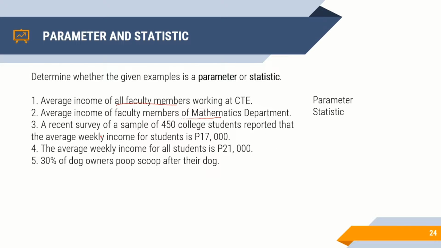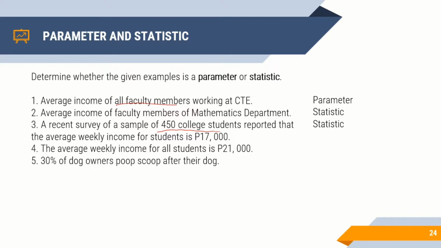For the third one, a recent survey of 40 students reported that the average weekly income for students is 17,000. It is an example of a statistic since only 50 college students are being surveyed. Now, for the fourth one, average weekly income for all students in 2020 is 21,000.